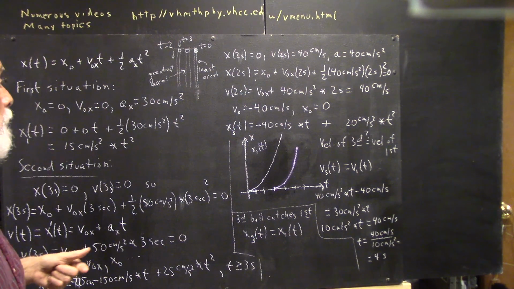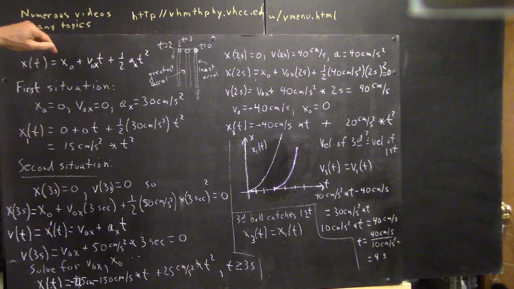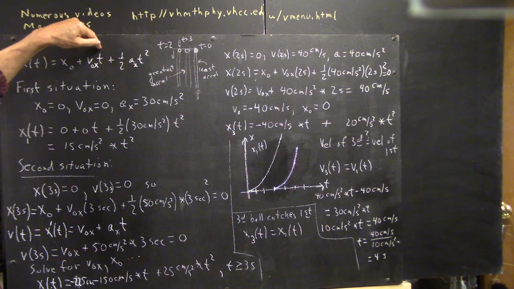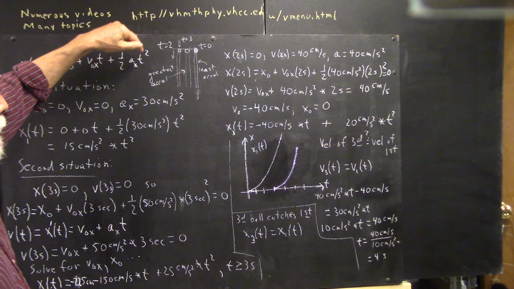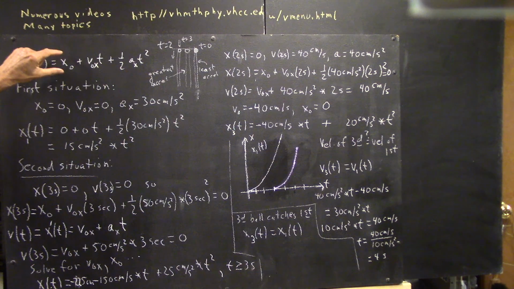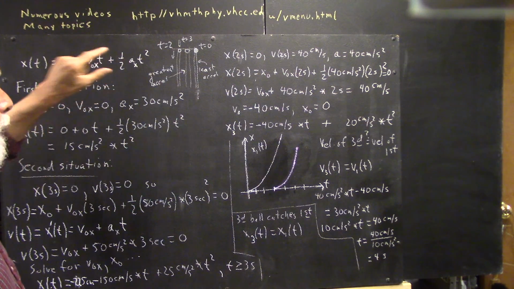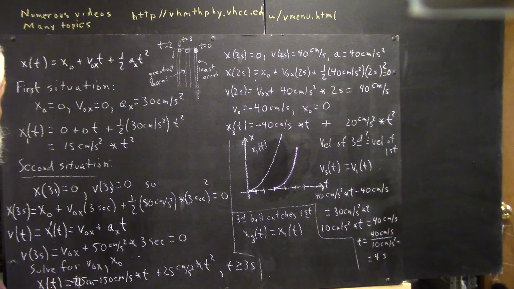Okay, but we assume uniform acceleration so that our position function will have the form x naught plus v0x t plus 1/2 a x t squared, where x sub 0 is the position at t equals 0, v0x the velocity at t equals 0, and a sub x the constant acceleration.